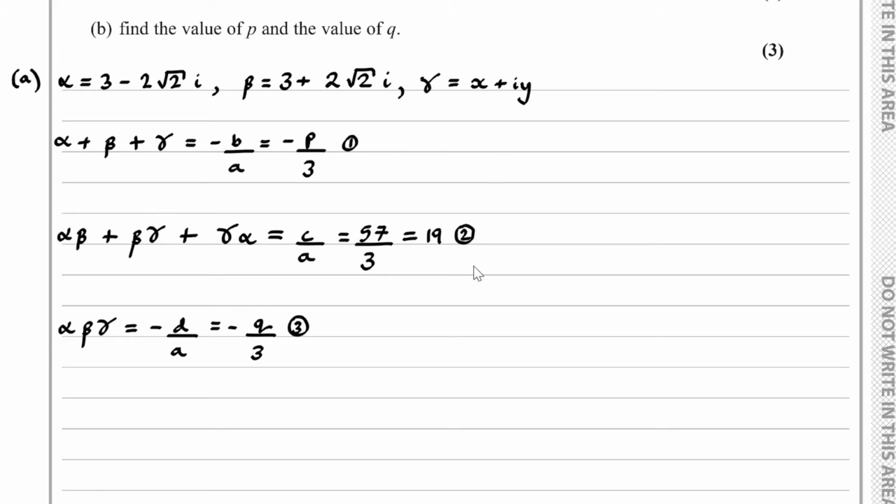The reason I want to use equation 2 to find x and y is because the pair sum contains no unknowns on the right hand side, whereas the sum and the product contain unknowns p and q on the right hand side respectively. So we will now use equation 2 to find x and y.